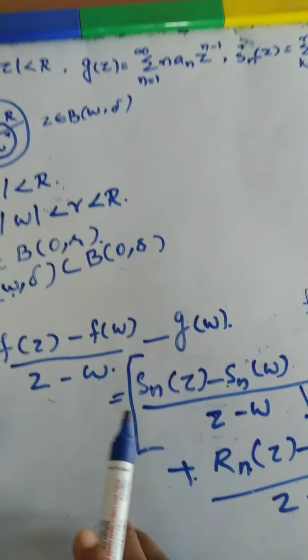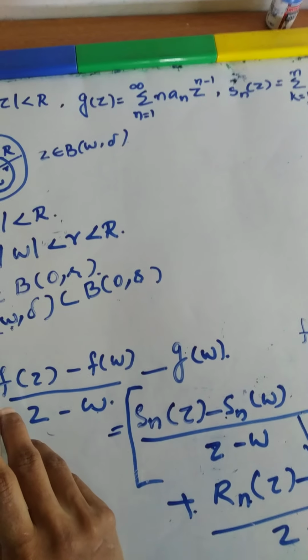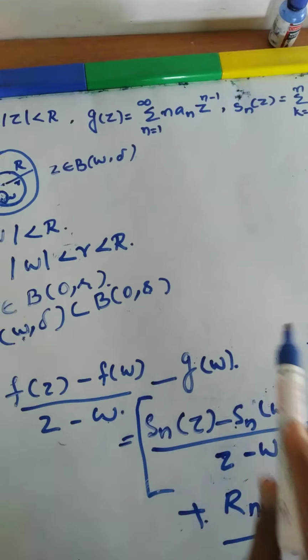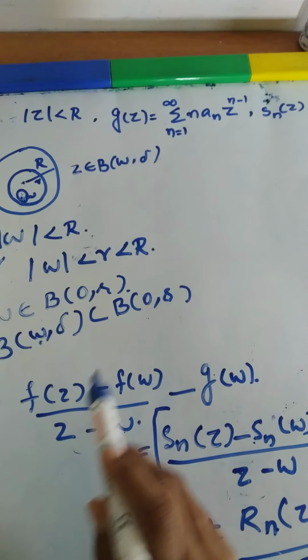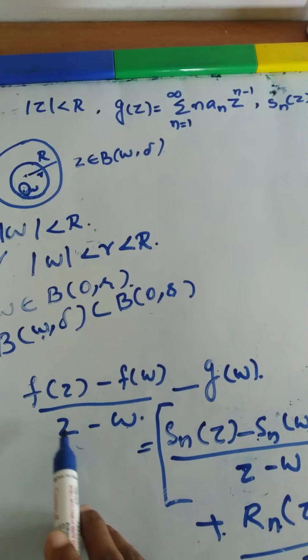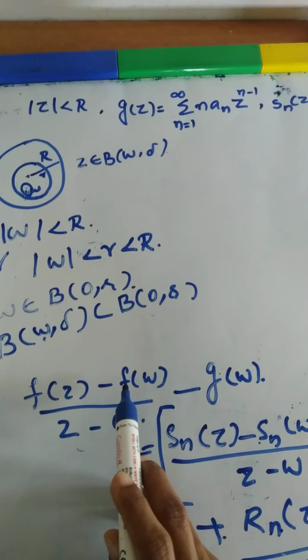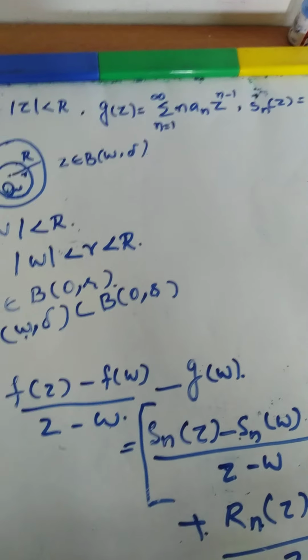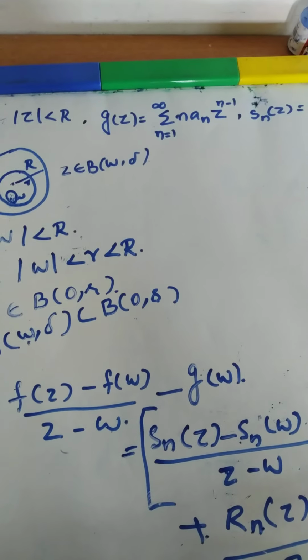So we need to show that this limit exists, that is, the limit as z tends to w of f of z minus f of w divided by z minus w equals g of w.